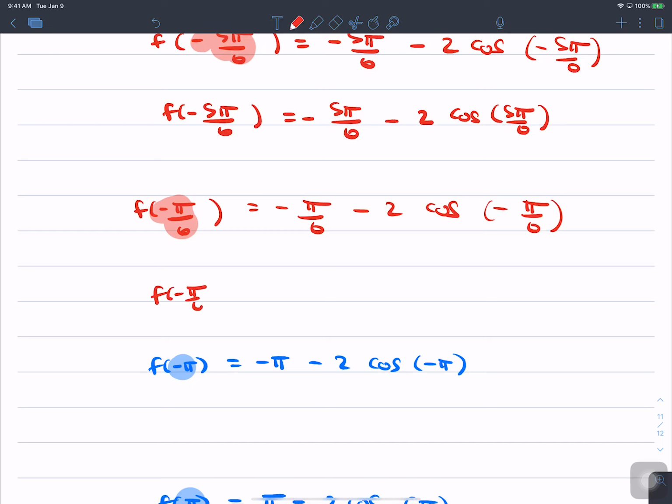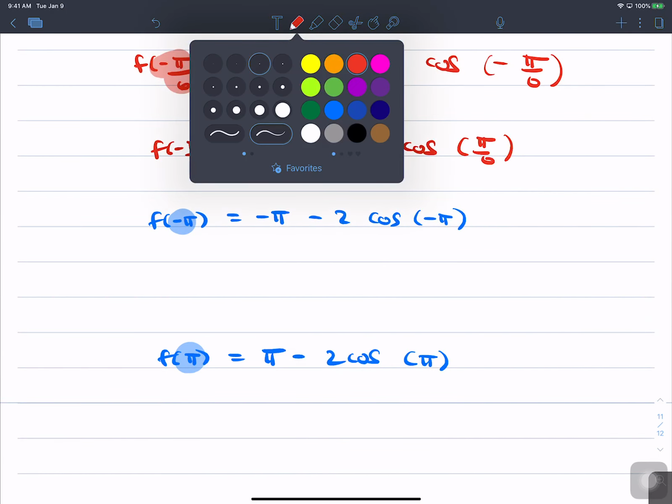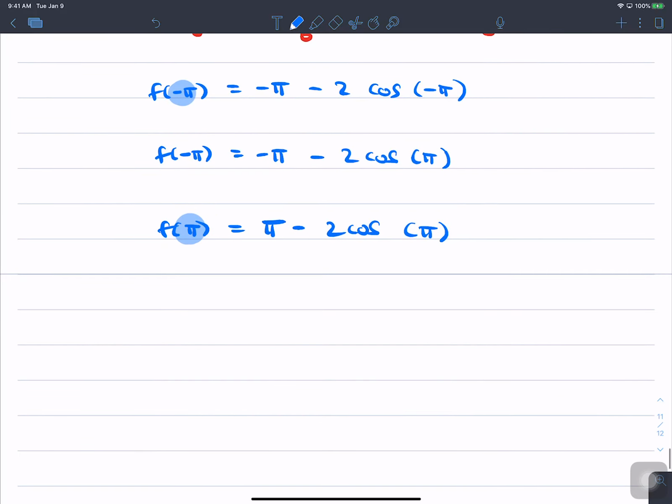So f of -pi over 6 is actually -pi over 6 minus 2 cosine of pi over 6. And then over here, f of -pi will be -pi minus 2 cosine of pi, because cosine is even. And f of pi is pi minus 2 cosine of pi.